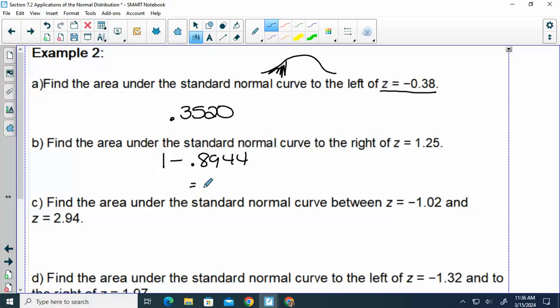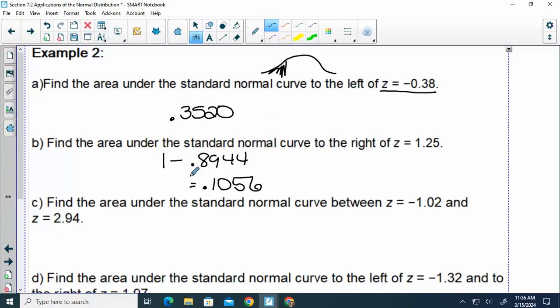And what does that give us? Everybody find the 0.8944 on the table. Is there another way you could have done area to the right?